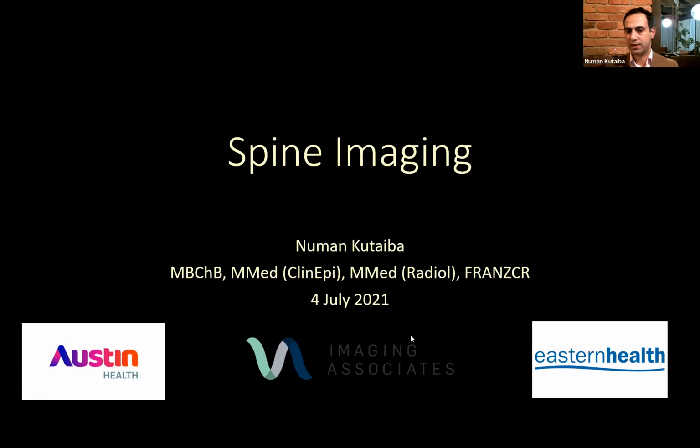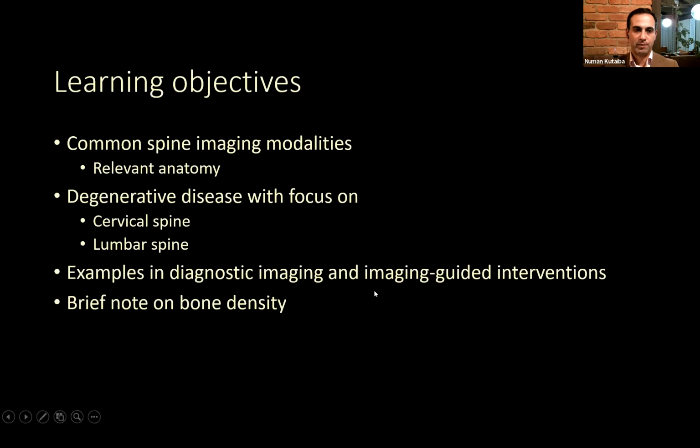I'll just present a general talk aimed mainly at non-orthopedic, non-neurosurgical clinicians, mainly from a general practice and emergency perspective, but also for the wider audience. The learning objectives will be common spine imaging modalities with relevant radiological anatomy.